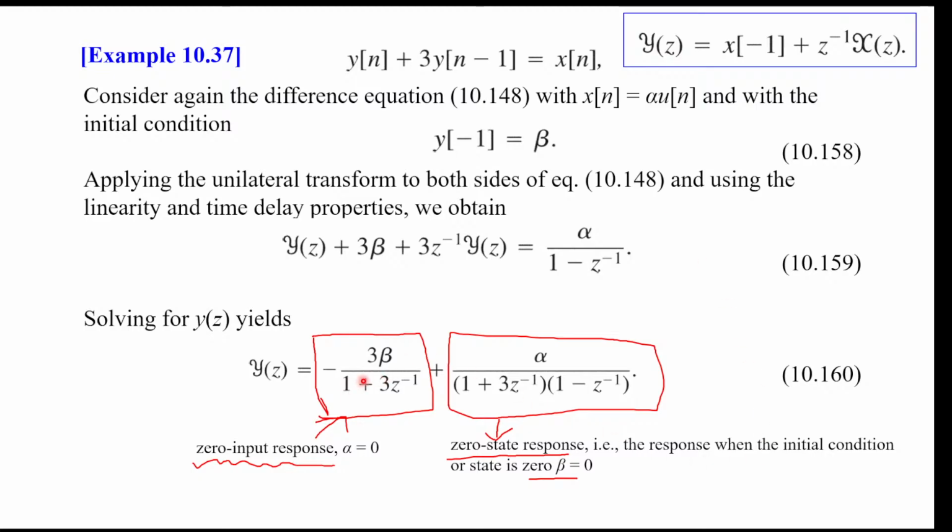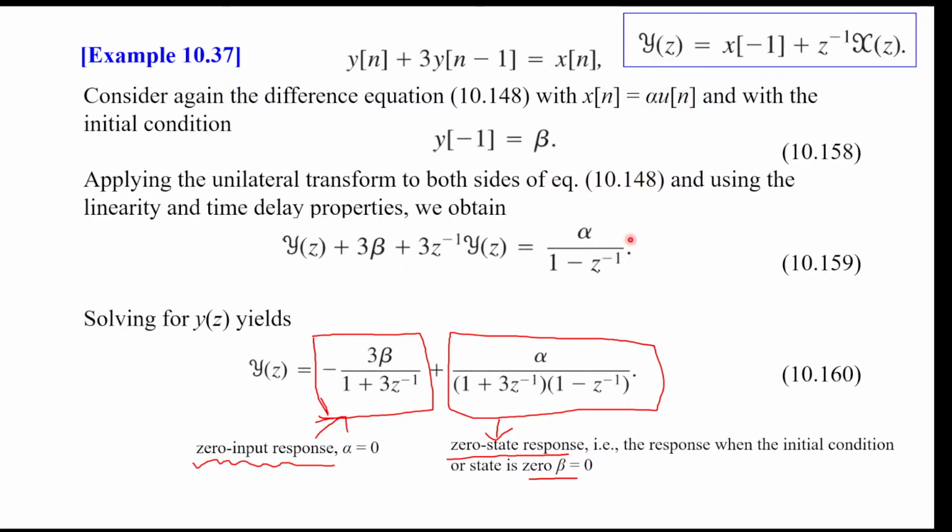So once again, we see that the response to the initial value problem is a linear combination of the zero input response and the zero state response. And this is a bit of funny notation, because the zero input response corresponds to the response to the initial state, and the zero state response corresponds to the response to the input.